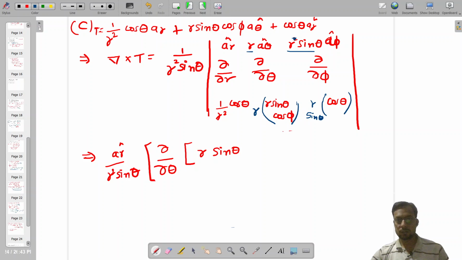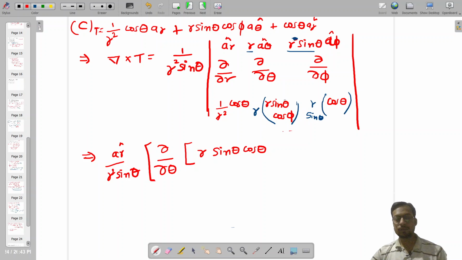So this term will not be here. So r sine theta cos theta.